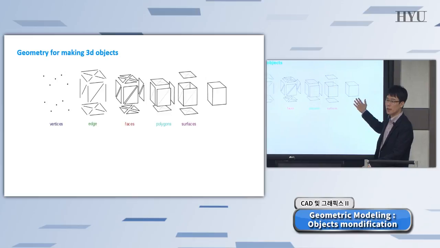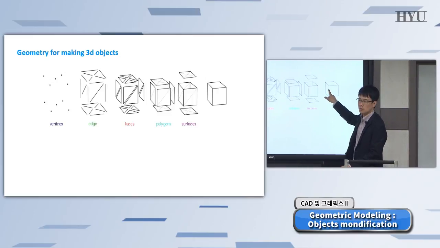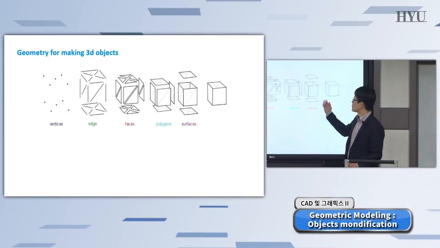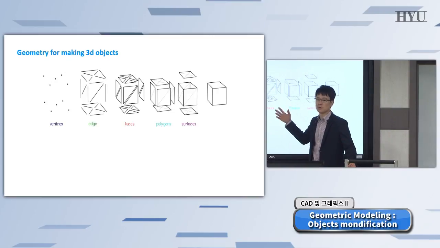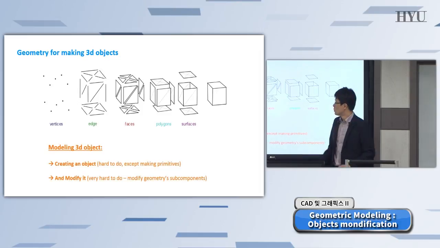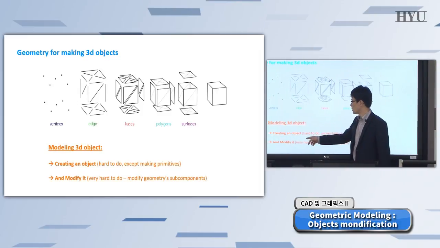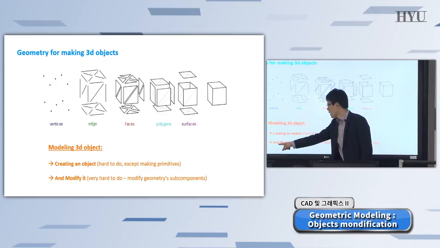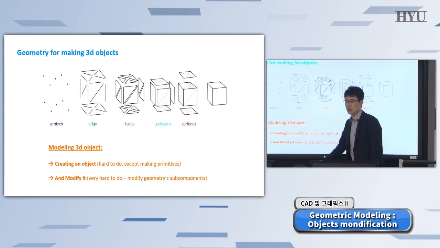But actually in SketchUp, there is no point control, okay? But 3D Max, or any other complicated 3D geometric modeler and visualization tool, supports control of all the subcomponents. So modeling a 3D object means creating an object and never-ending modification.